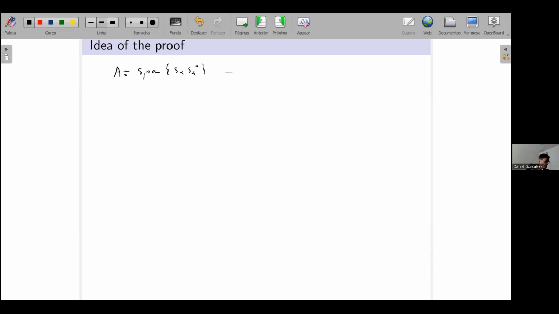What we want to show is that this A is isomorphic to LC of A-hat with coefficients in R, where A-hat is the character space.